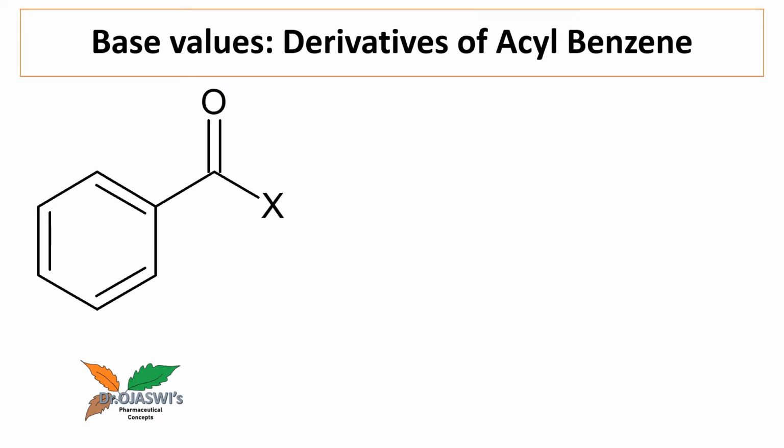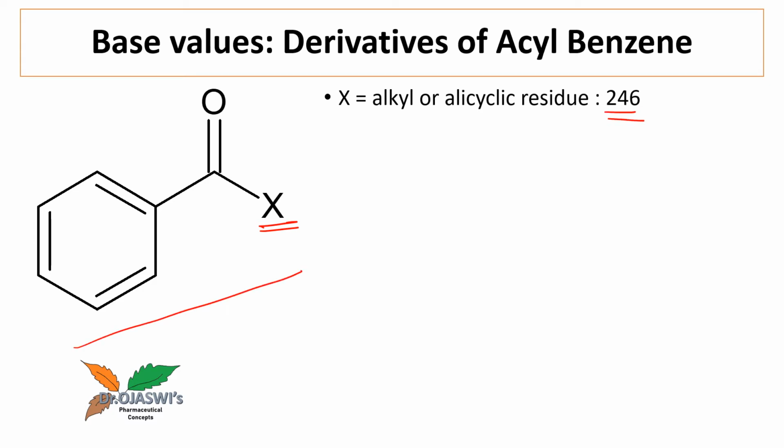So the base values for derivatives of acyl benzenes, this is the basic structure of acyl benzene. If this X is alkyl or alicyclic residue, then the base value of this compound would be 246 nanometers. If this X is just H, that means aldehyde, then the base value of that compound would be 250 nanometers.